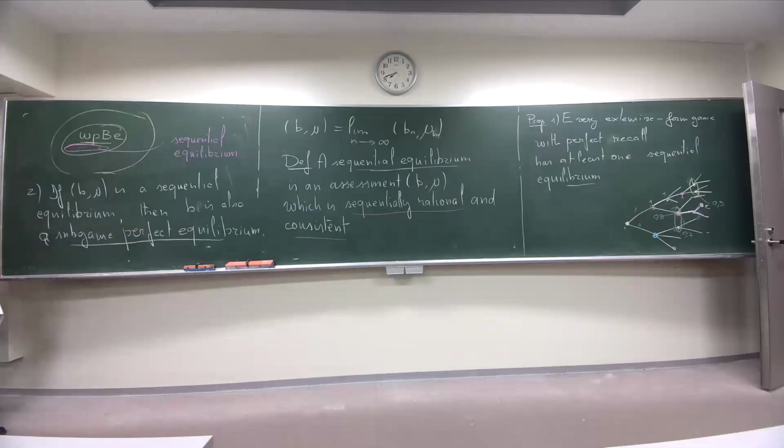So there are improvements. I don't know if these subgame perfect equilibria are inside here or if they are also outside. I'm not sure if all subgame perfect equilibria are always weakly perfect Bayes equilibria or not. I don't know if this new set is inside this yellow one, or if it also goes outside.